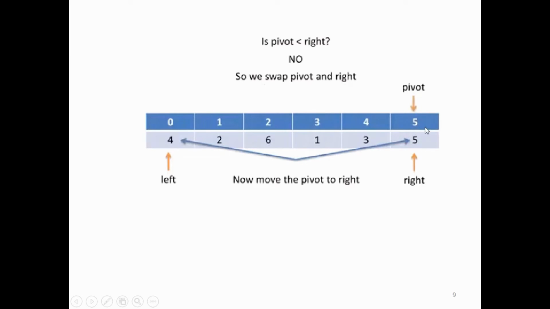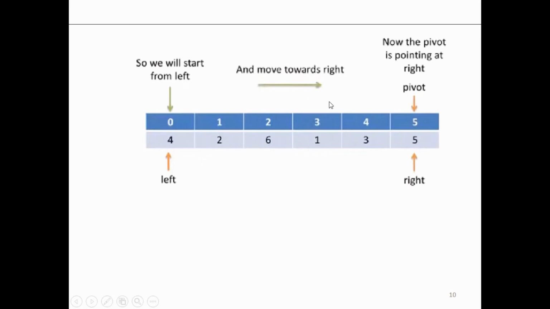Here we can see the pivot value is 5 and the leftmost element value is 4. We need to check whether the pivot value is greater than the leftmost element. If the pivot value is greater than the leftmost element, then we need to change the index of left. Here 5 is greater than 4, so the left index will increase by one position.